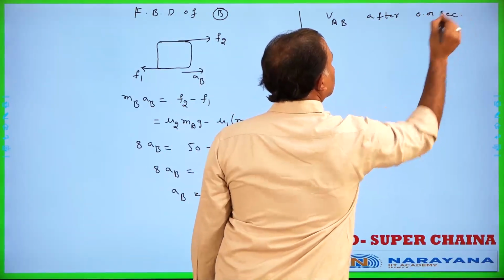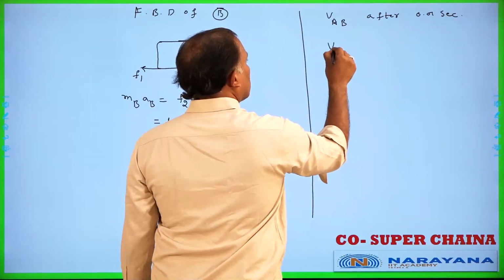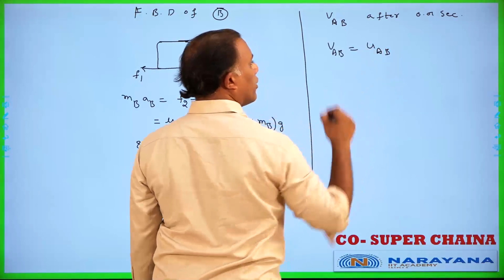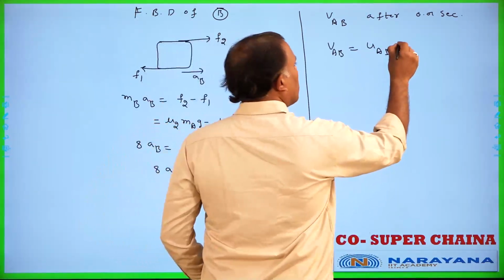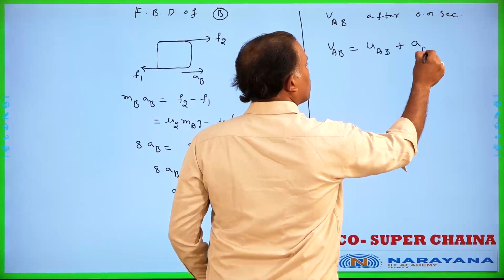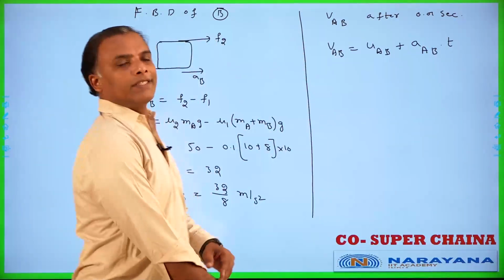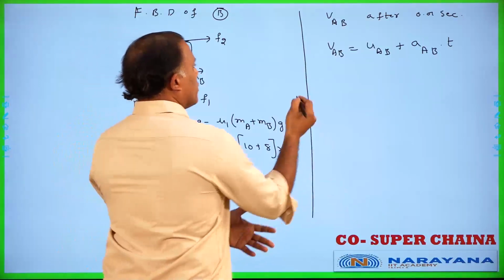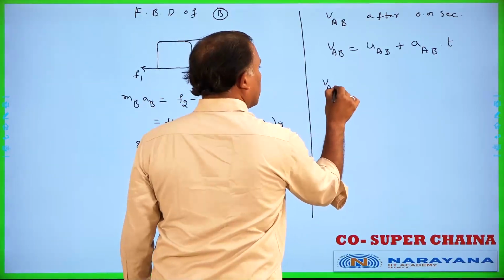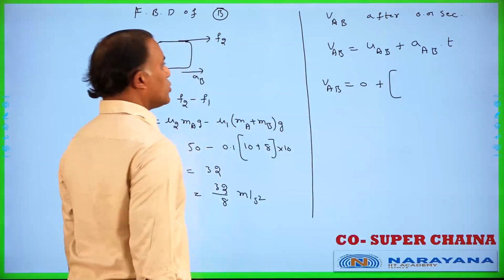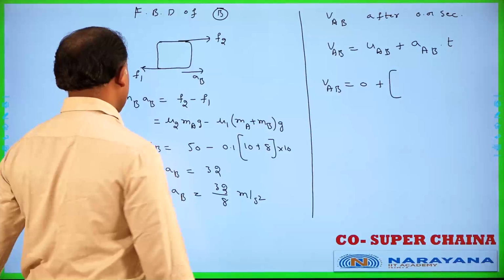So now velocity of A with respect to B is equal to initial velocity of A with respect to B plus acceleration of A with respect to B into t. So then substitution: initial velocity of A with respect to B is 0, and acceleration of A with respect to B means acceleration of A minus acceleration of B.